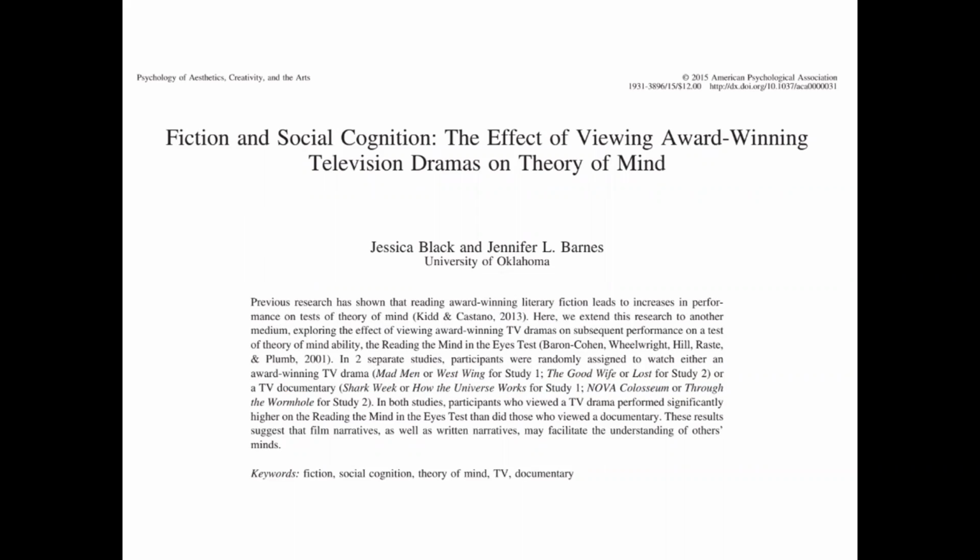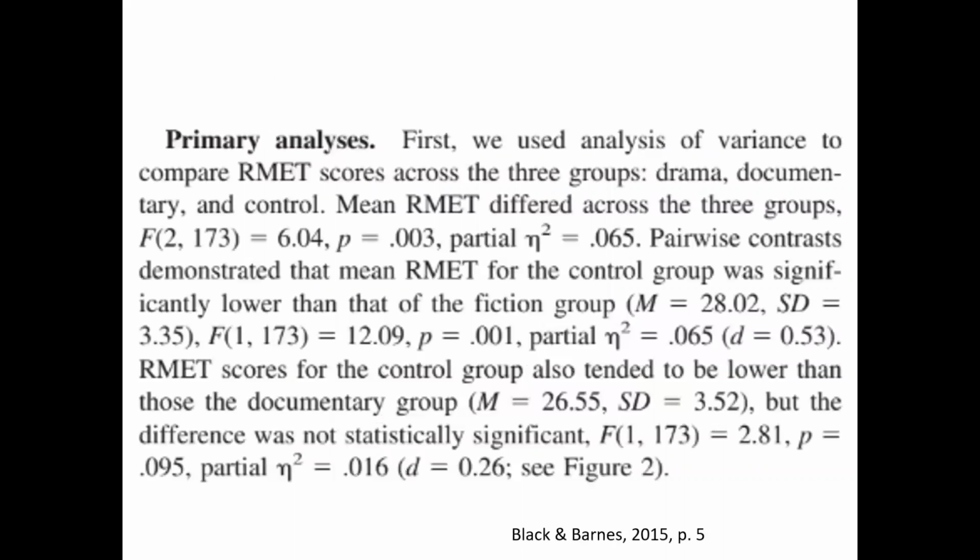And we mentioned the two separate studies. Right here is a primary analysis for the second study. First, we used analysis of variance to compare RMET, that's the eyes test, scores across three groups: drama, documentary, and control. Mean RMET differed across the three groups, F, and then the degrees of freedom in F.